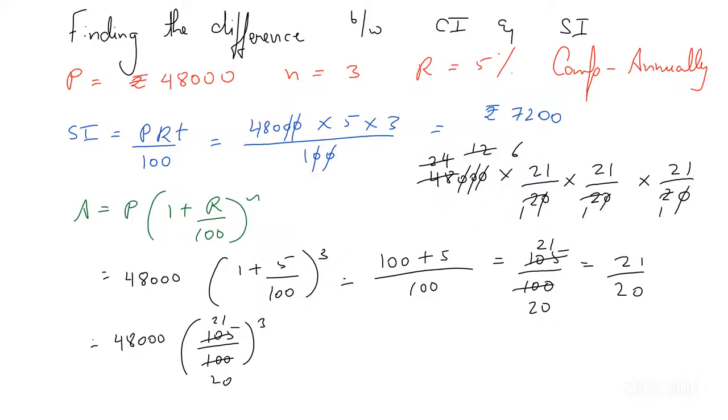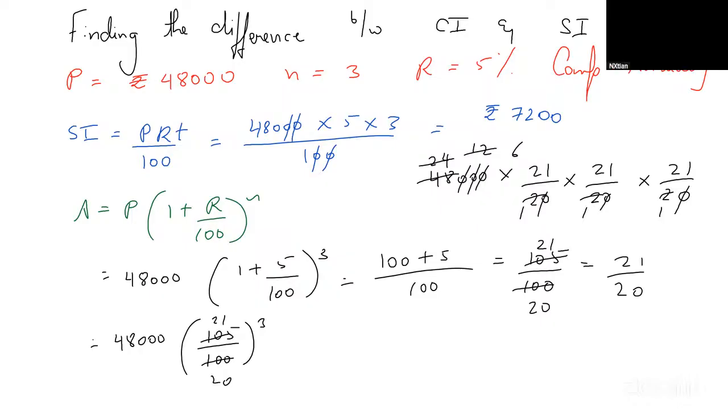Now I'm getting 55566. Is that correct? Even I'm getting the same answer, Abraham. 55566. Even I'm getting that answer.